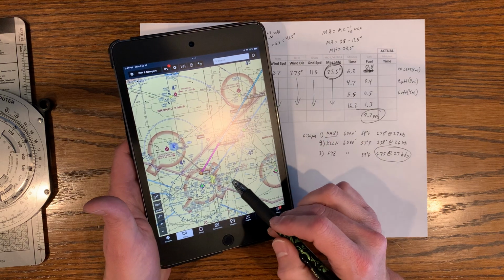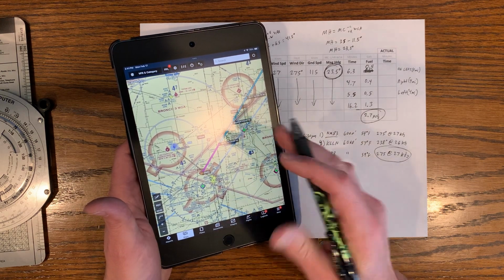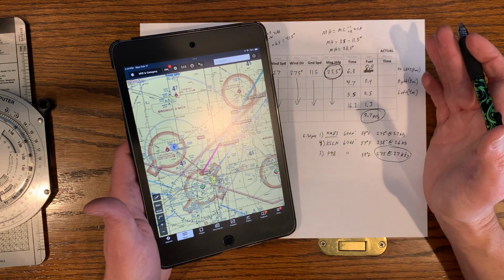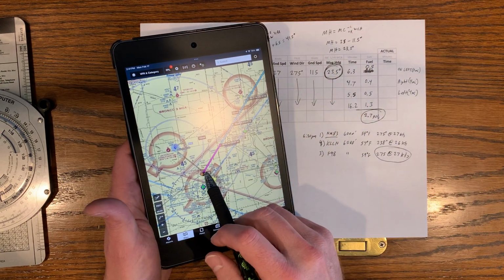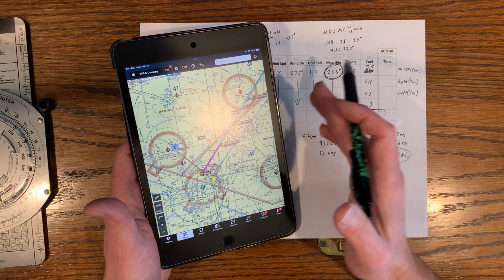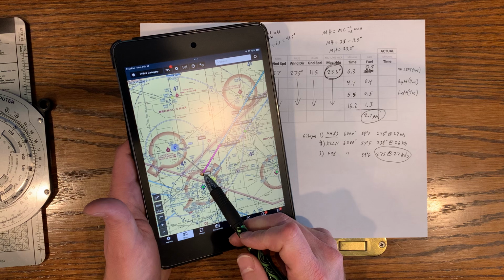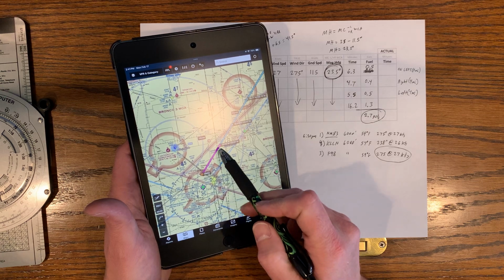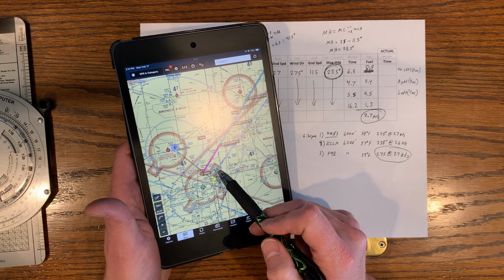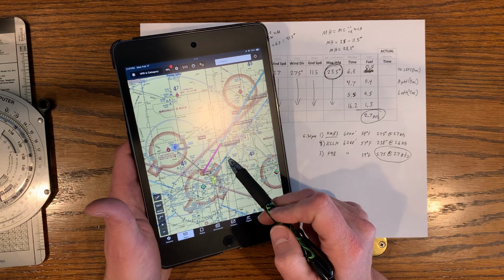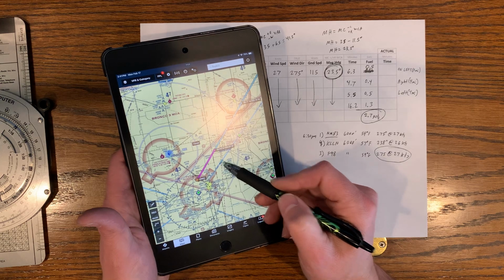Realistically, if you were going to do something like this, you would actually want to climb. You'd want to know how long you're going to climb and how many miles that takes, and you can calculate all that. If it takes you 5 miles to climb up to the altitude that you're going to cruise at, then you might start looking for a waypoint 5 miles away from the airport, presumably in the direction you're flying. And you say, all right, I want to start my times here at that waypoint.